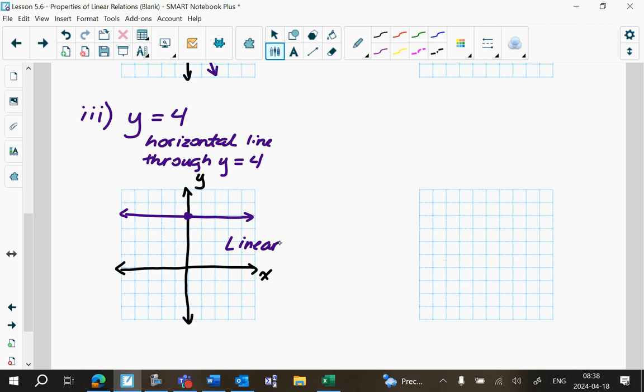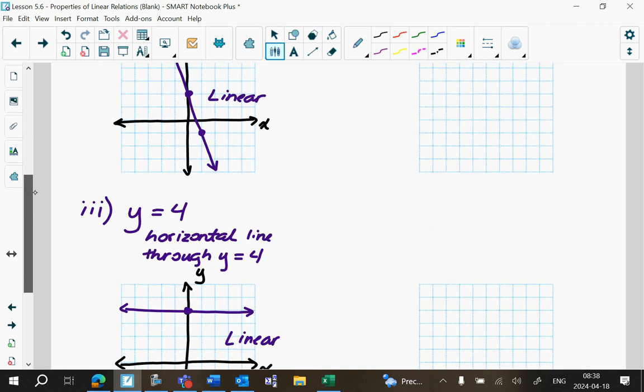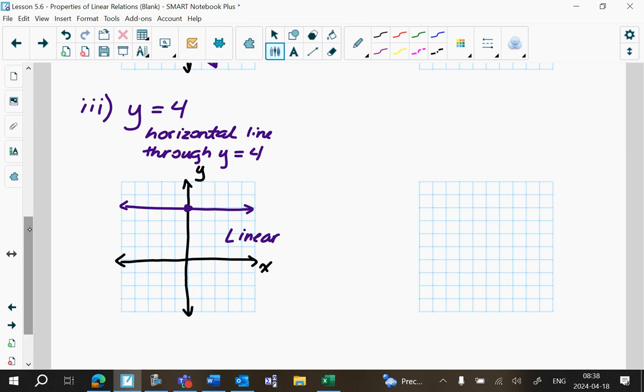And the final one, x equals 1. What kind of line is that? Vertical. If it has just an x in it, it's vertical, so it's a vertical line through every point where the x coordinate is 1.